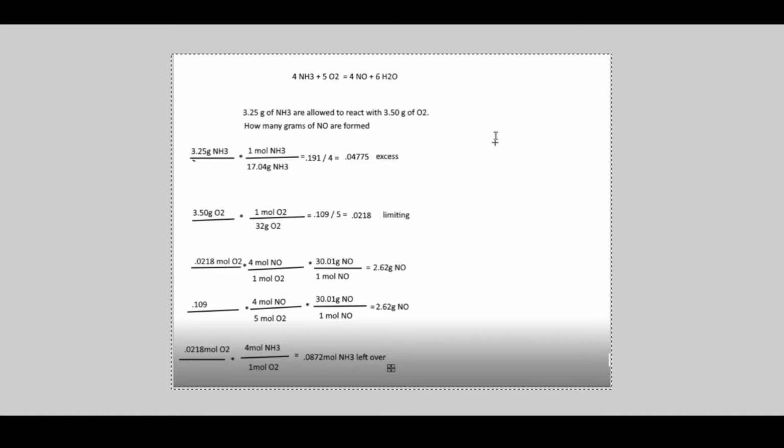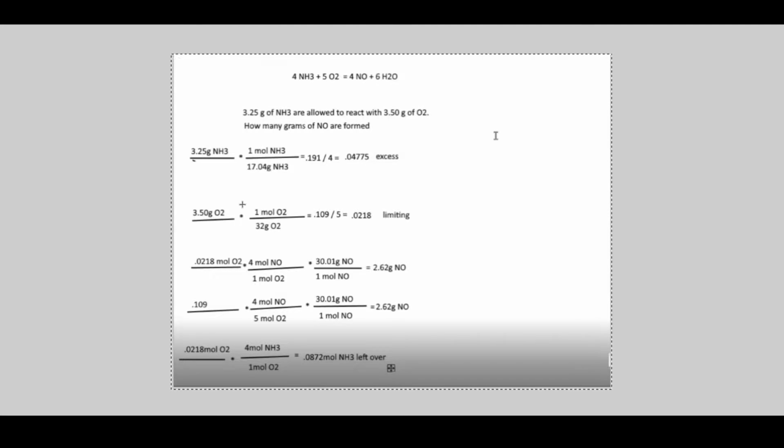Now, to solve a limiting reactant problem, you need a lot of work, as you can see here. So the first thing you have to look for is the limiting and excess reactants. How you solve for this is you take the grams that it gives you, so it's 3.25 grams of NH3 and 3.5 grams of O2.